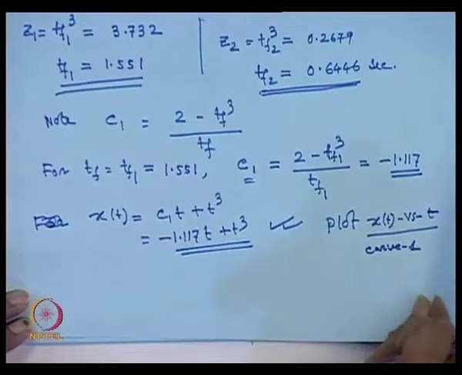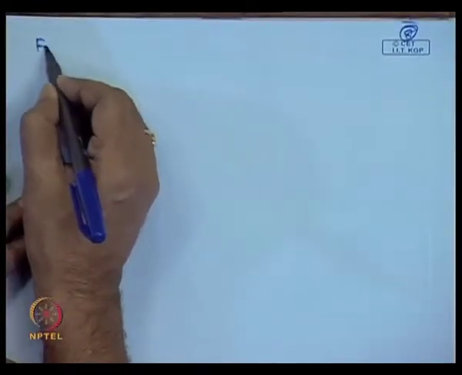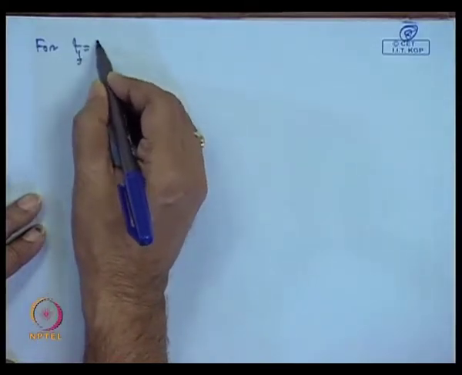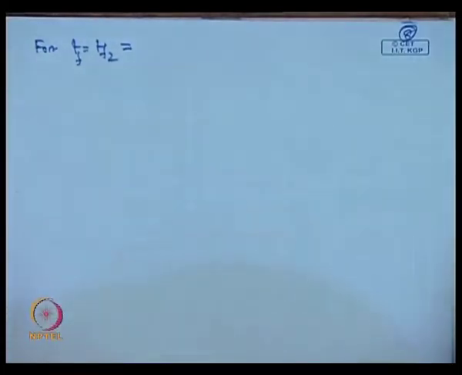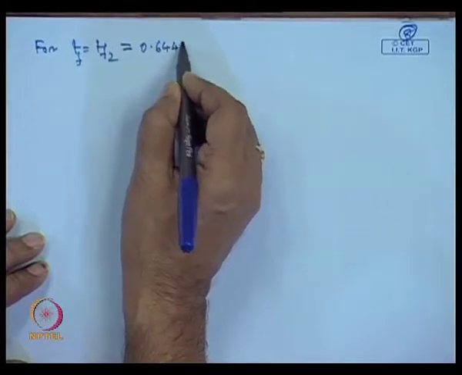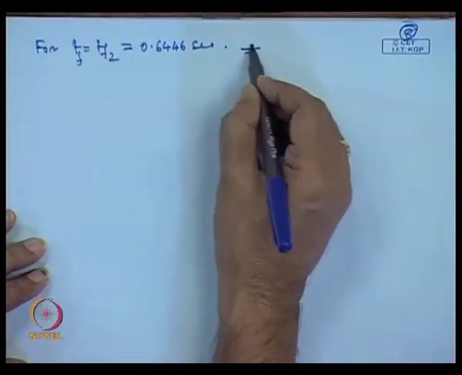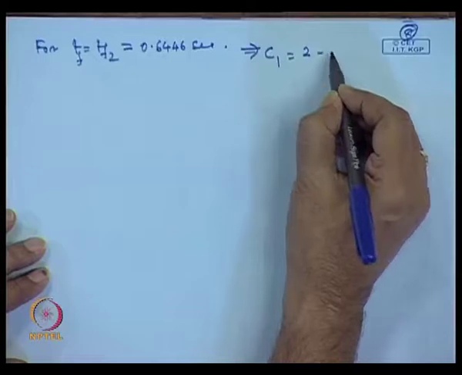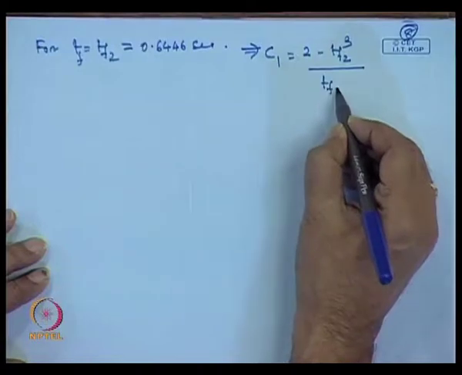Now, the next situation is for T f is equal to T f 2, that is our time, which we have got as 0.6446 second, agree. Then C 1 is equal to twice minus T f 2 cube divided by T f 2.